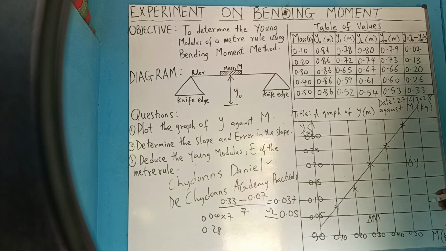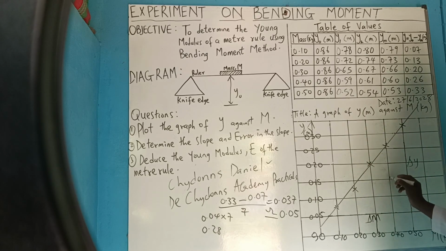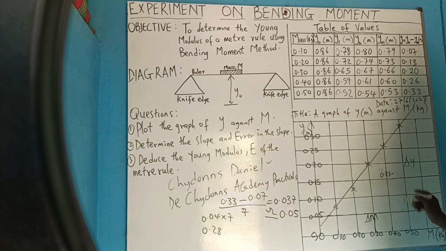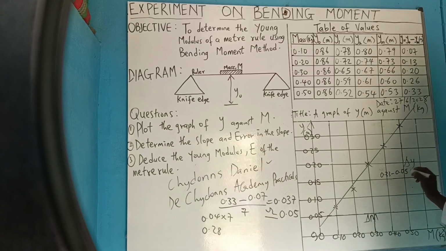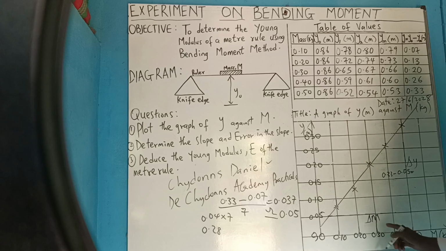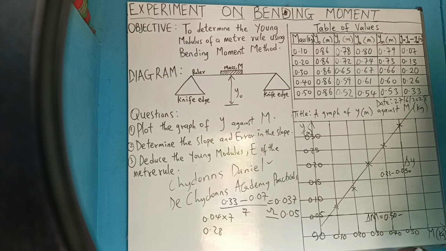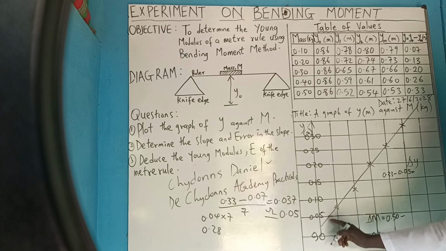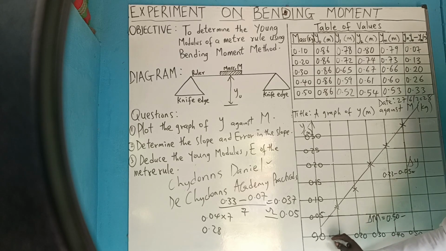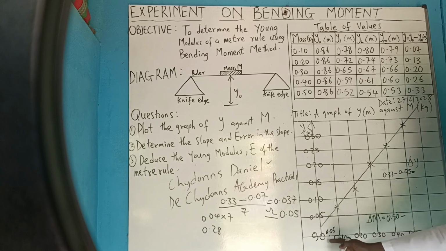Now, what you now do is, this is 0.33. You say 0.33 minus this one is 0.05. Then for this horizontal, this is 0.50 minus here, it is in between. So here is 0.05, in between 0 and 0.1 is 0.05.